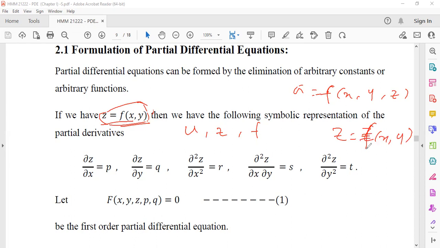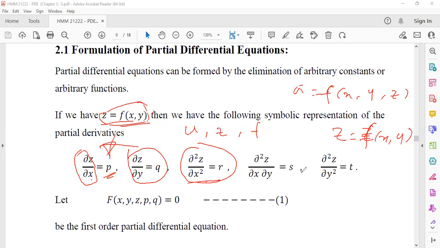If I take the derivative of z with respect to x, we take it as small p. Don't use capital P; that is different, that's for points and all. Small p is reserved for this, and small q for partial z over partial y. Similarly, the second derivative, partial squared z over partial x squared, is r.